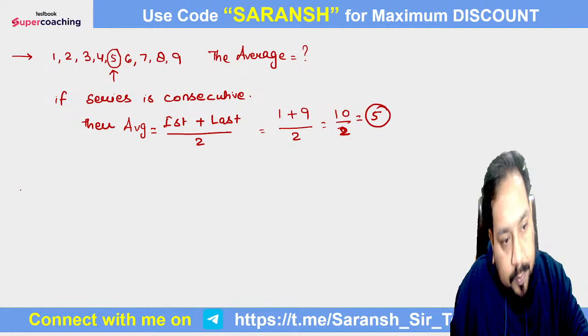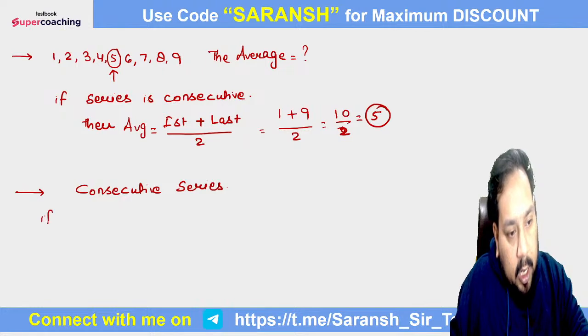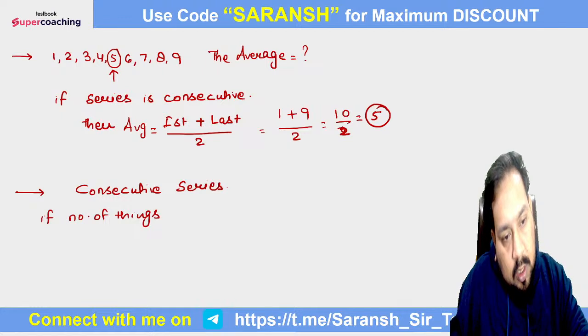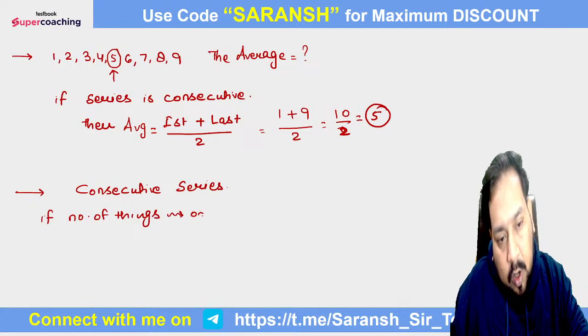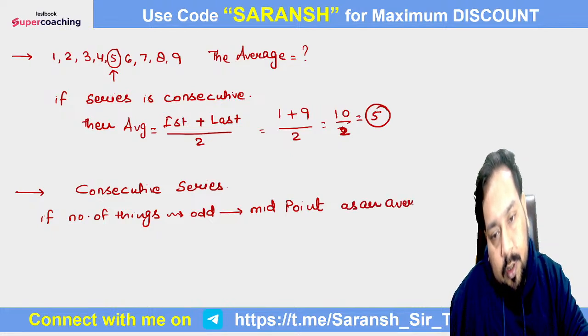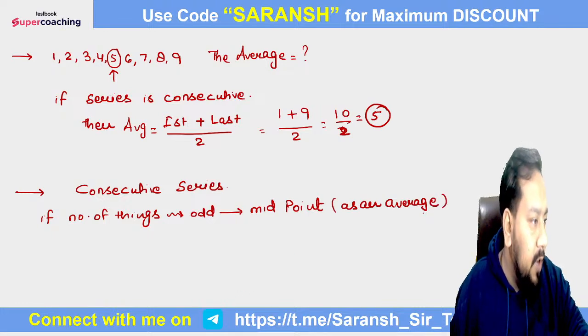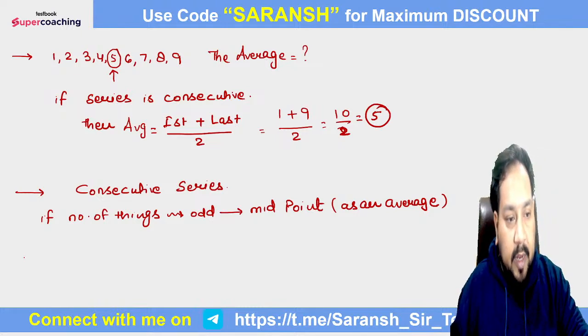Now, for a consecutive series, if the number of things is odd, just take the midpoint as the average. Okay, Katha, Sanjay, welcome.